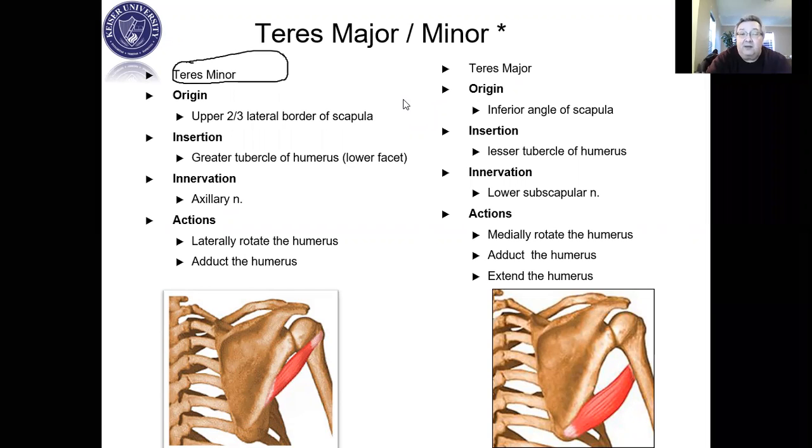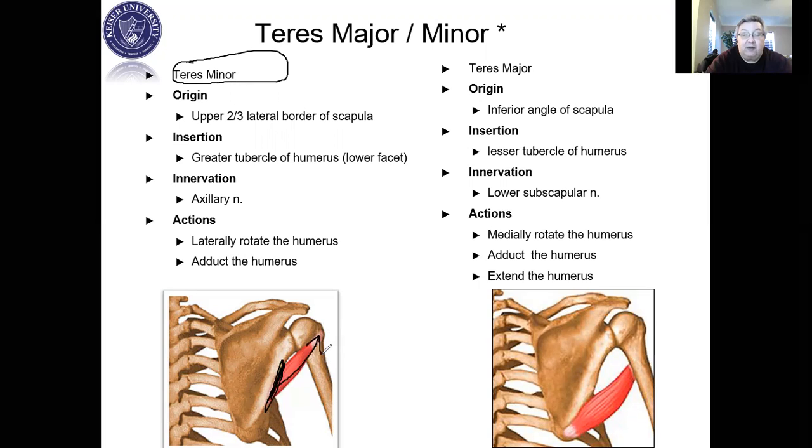So teres minor has its origin on the lateral border, the upper two-thirds of the lateral border of the scapula. It inserts, again, just like supraspinatus and infraspinatus, into the greater tubercle of the humerus.